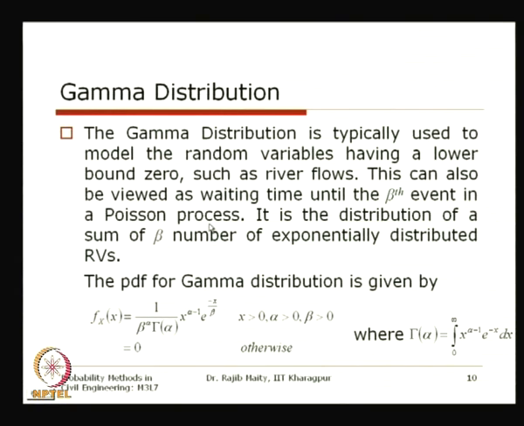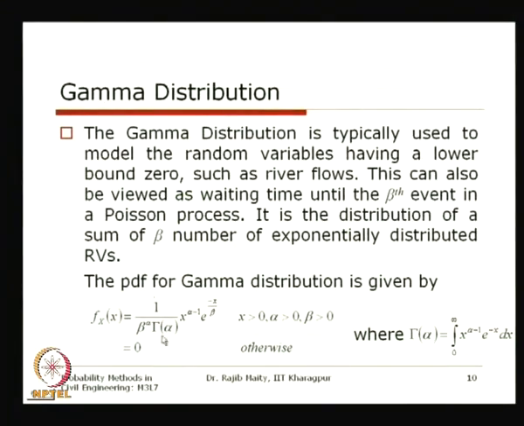We have discussed the Poisson process earlier, and there, instead of waiting for the first failure, if we wait for the nth or beta-th failure, taking these events as mutually independent, each waiting time is exponential. So this is a summation of beta number of exponential distributions, and we can show that if we sum them up, this approaches a gamma distribution.